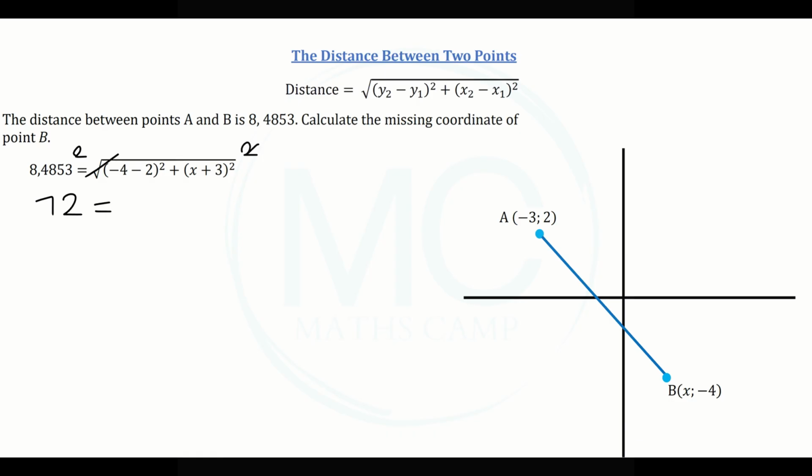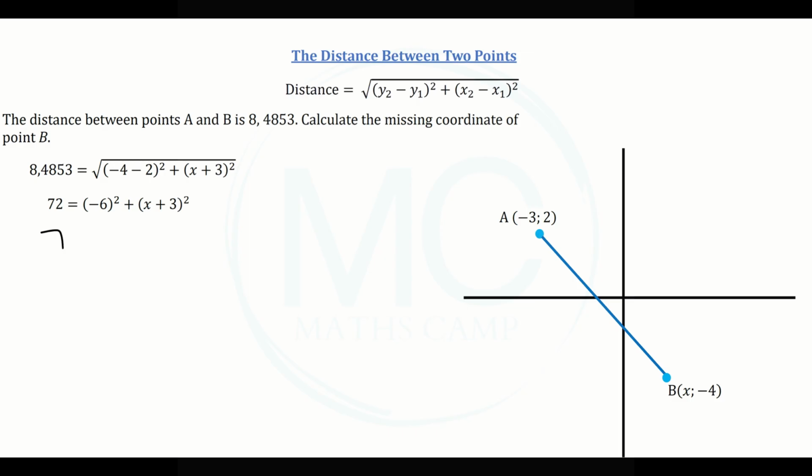our brackets. In our first bracket, -4 minus 2 gives us -6. So we can say -6 in a bracket squared, plus, and for now, let's just leave our second bracket, x plus 3, as it is. Now we can expand our brackets.